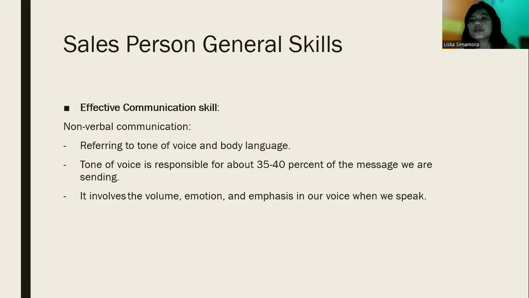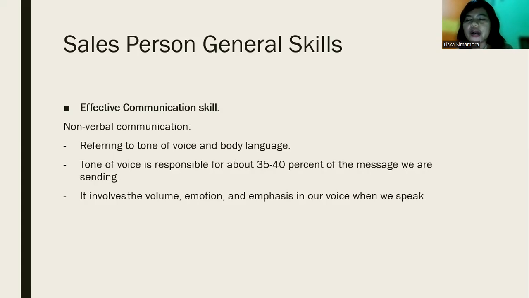If we want to encourage people, of course, the tone of our voice will be loud and enthusiastic, right? So our idea can be caught by others. So the others will think, okay, she or he asked me to be enthusiastic. So yeah, it involves the volume, emotion, and emphasis.